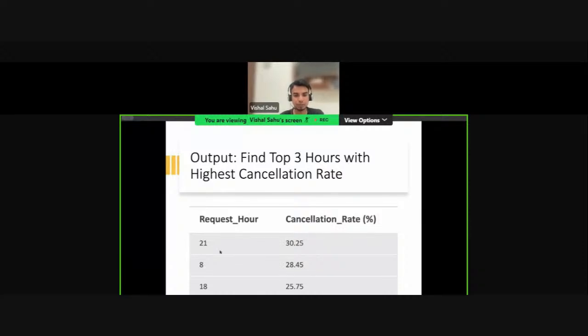You see this number 21, which is 9 o'clock. Maybe a lot of riders are going to their families, so they tend to find rides that come on their way home, and cancel such rides. This may hold true or not, but there is always reasoning behind everything you see in the data.